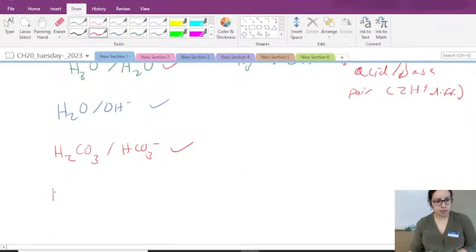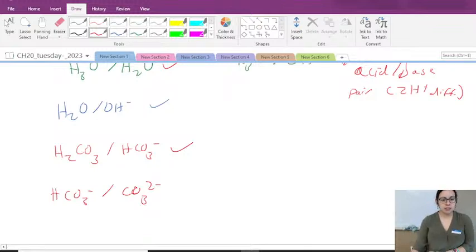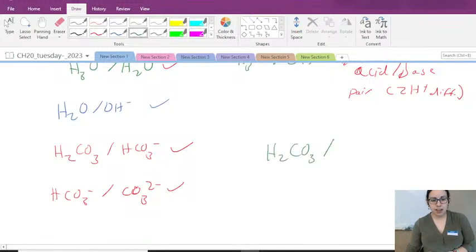And then this bicarbonate can go on to lose another hydrogen just to make carbonate, 2 minus. And so that's an acid-base pair, right? But carbonic acid and carbonate, that's too many now, so this is not an acid-base pair.